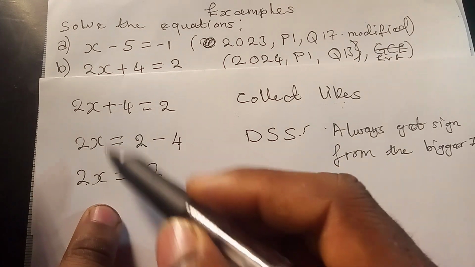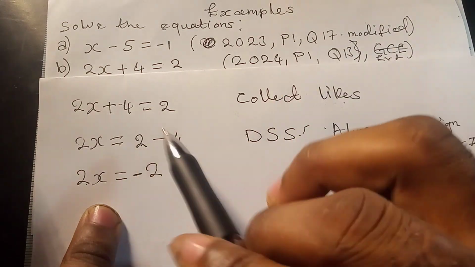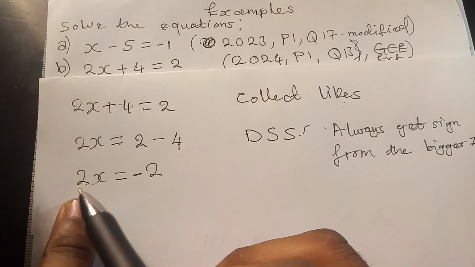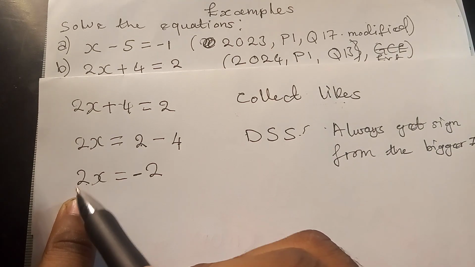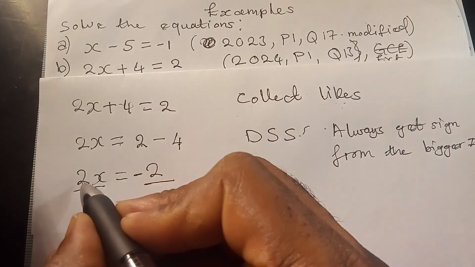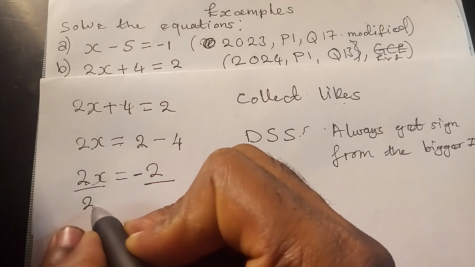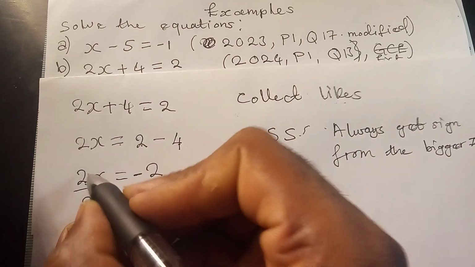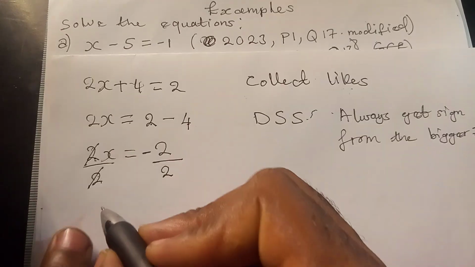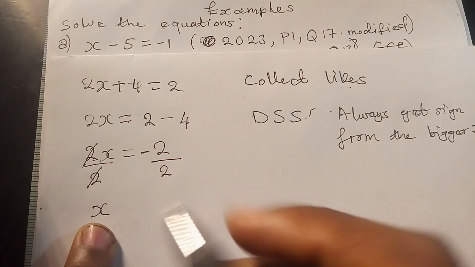So the first thing you want to do is you get the like terms together, you manipulate, and then after that you deal with the coefficient of x. So to get rid of the coefficient of x, you can divide both sides by the same number. So the coefficient of x is 2. Once I divide both sides by 2, then this one will be eliminated, as you can see. So that I'm only remaining with an x this side.